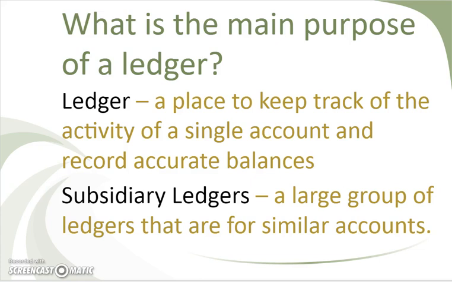So corporations are different. They're really, really big companies, and they probably have a whole bunch of accounts receivable and accounts payable accounts. Think about a company like Walmart in particular.